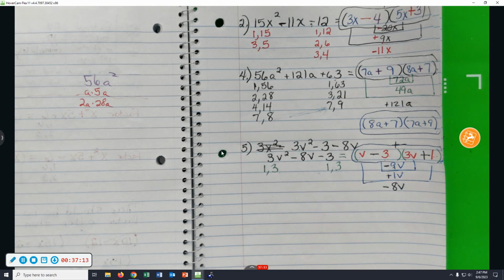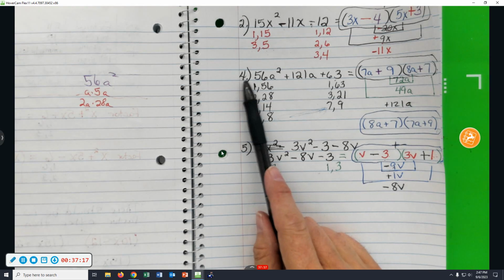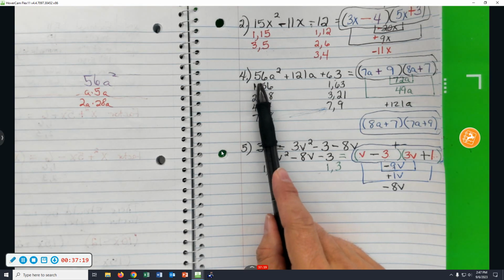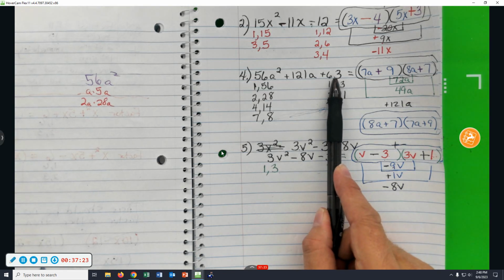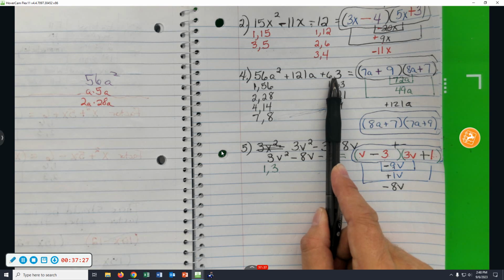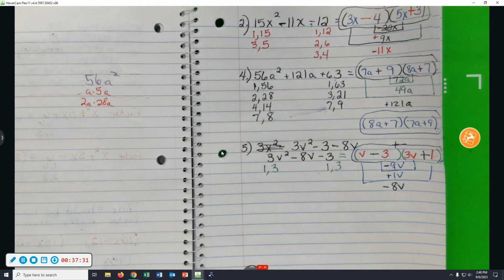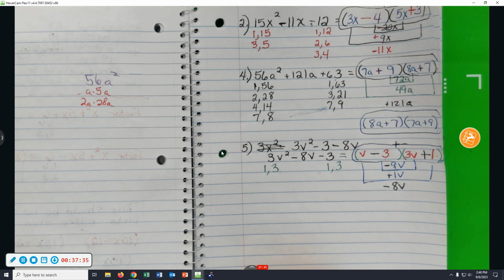So the teachers that teach that, I will never teach that. Because on number 4, the first thing you do is multiply 56 times 63. And then you have to get all the factors of that big number. If you remember how to do that AC method, great. I will never do that method in class. If you go to another math class after this, the teacher will never be doing that AC method.